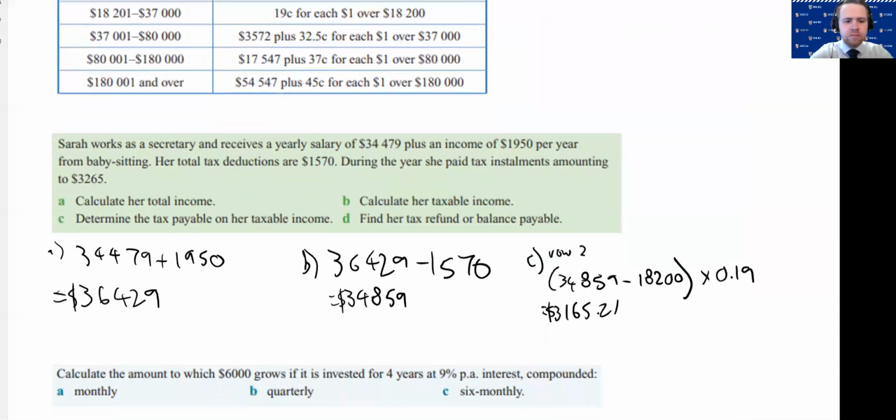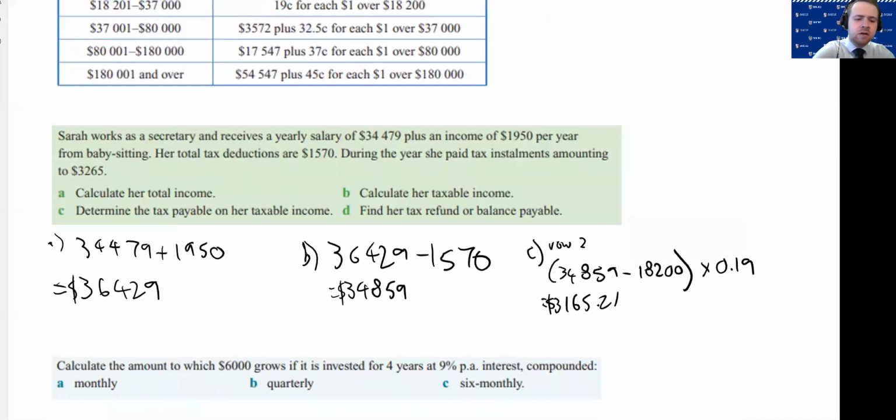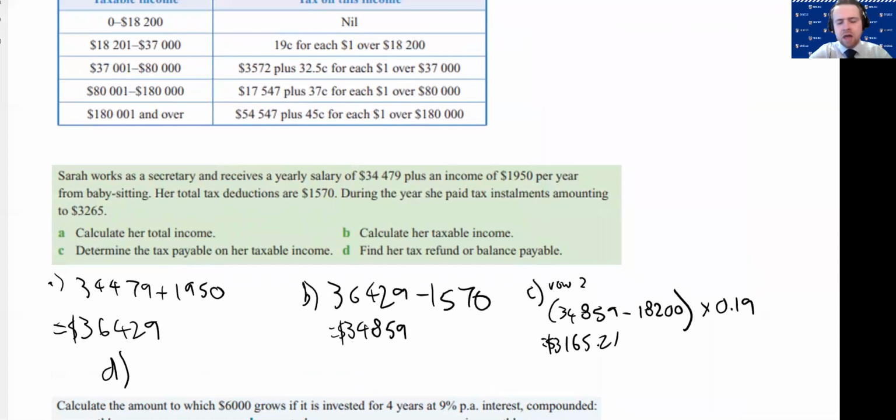That's the amount of tax that she will pay in that year. Okay, so then finally, will she get a tax refund or balance payable? So we've got to compare that value of the tax she should pay versus the tax that she did pay. Is this value less or more than the tax that she did pay?